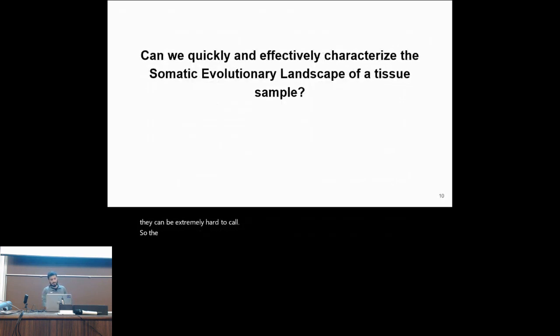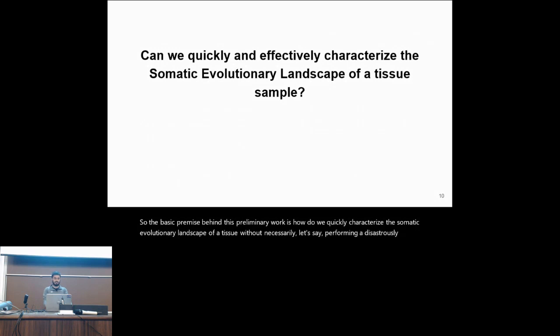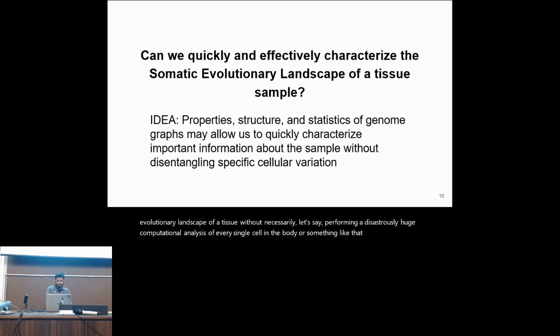So the basic premise behind this preliminary work is how do we quickly characterize the somatic evolutionary landscape of a tissue without necessarily, let's say, performing a disastrously huge computational analysis of every single cell in the body or something like that, right?